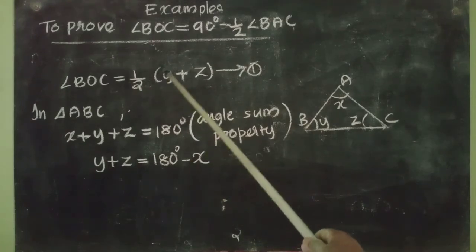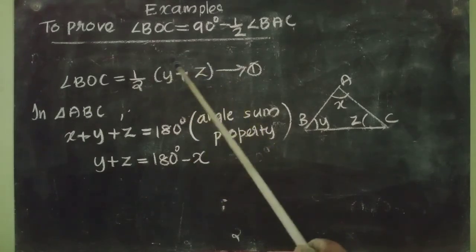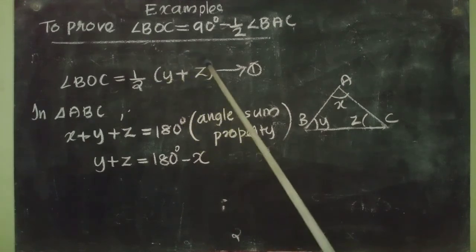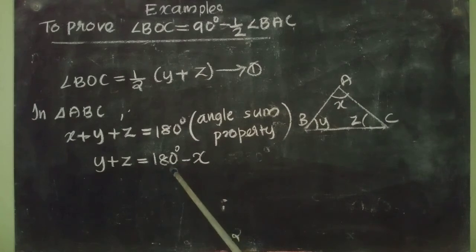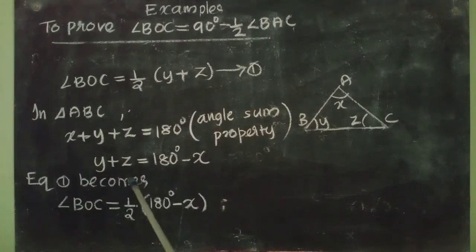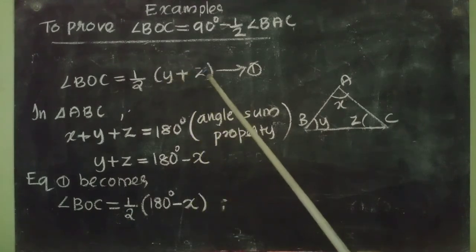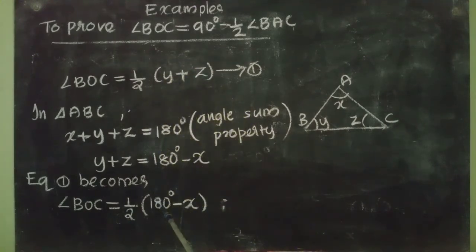So in the equation 1 there is y plus z. This y plus z we can replace by the value 180 degree minus x. So the equation 1 becomes angle BOC equal to half into 180 degree minus x. We replaced this y plus z by 180 degree minus x.